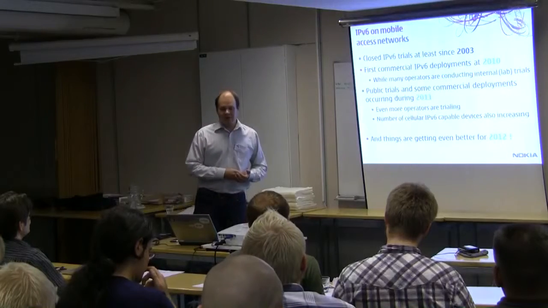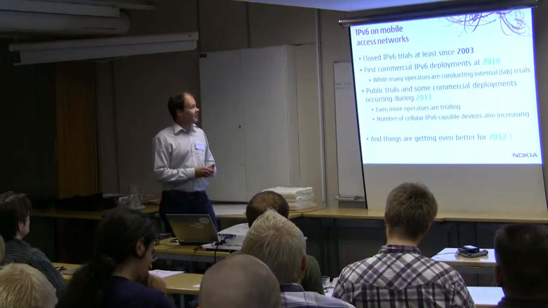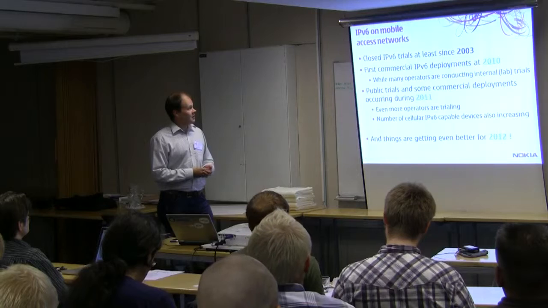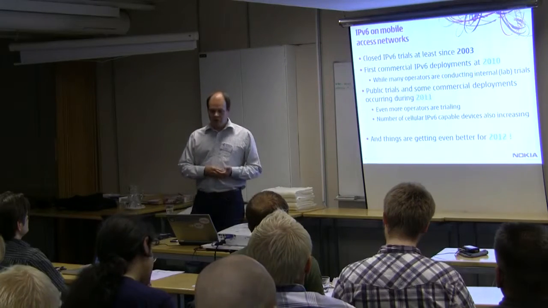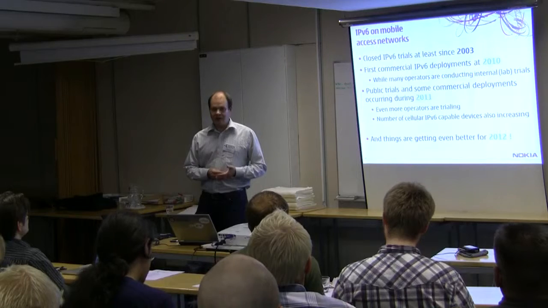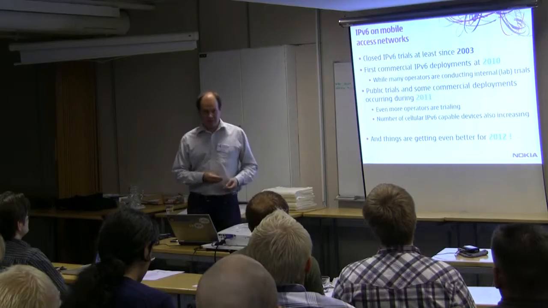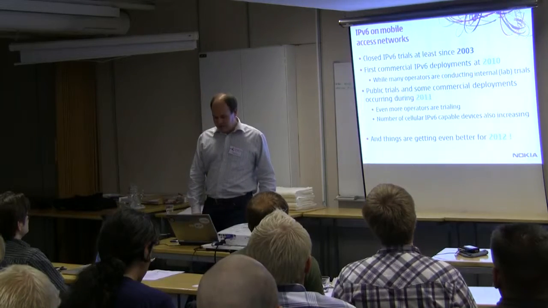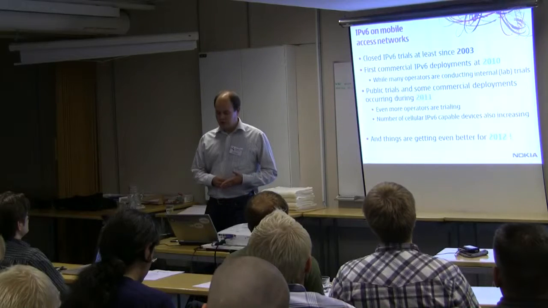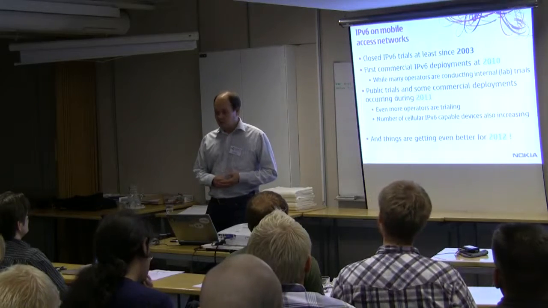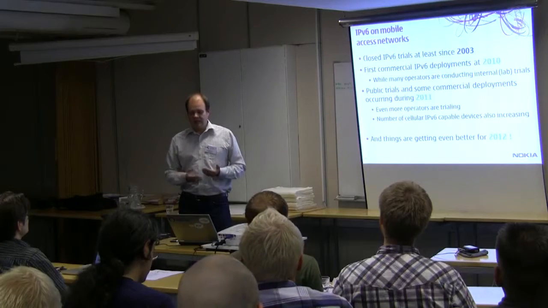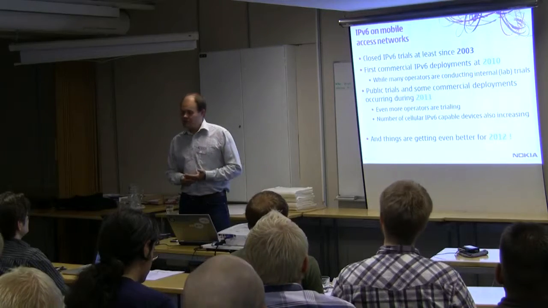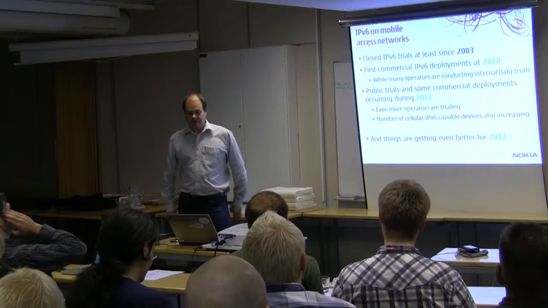So on the mobile networks, if the handsets are coming, how about the networks? Maybe there are people who know that there were cellular V6 trials before 2003, but that was when I was first involved in testing V6 on cellular. Seven years later, last year, a big US carrier deployed V6 commercially, while many other operators were doing lab trials or some other internal trials.